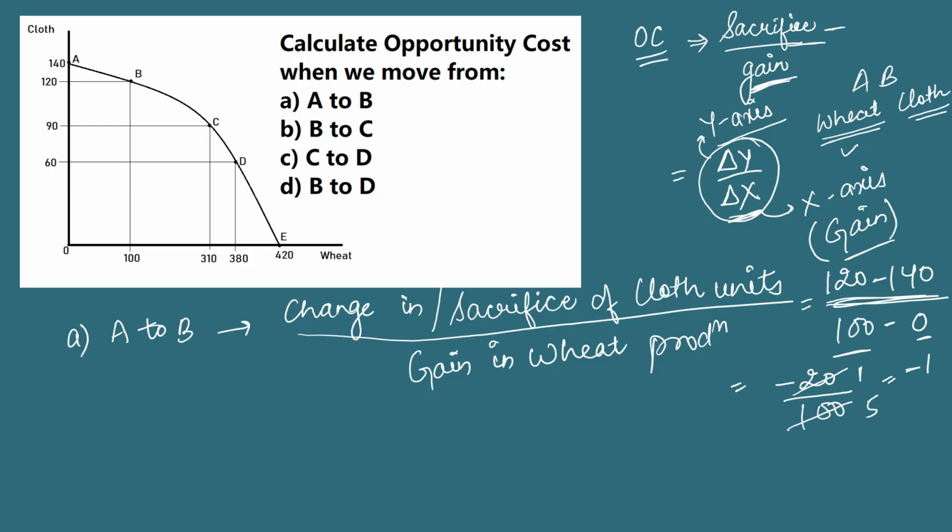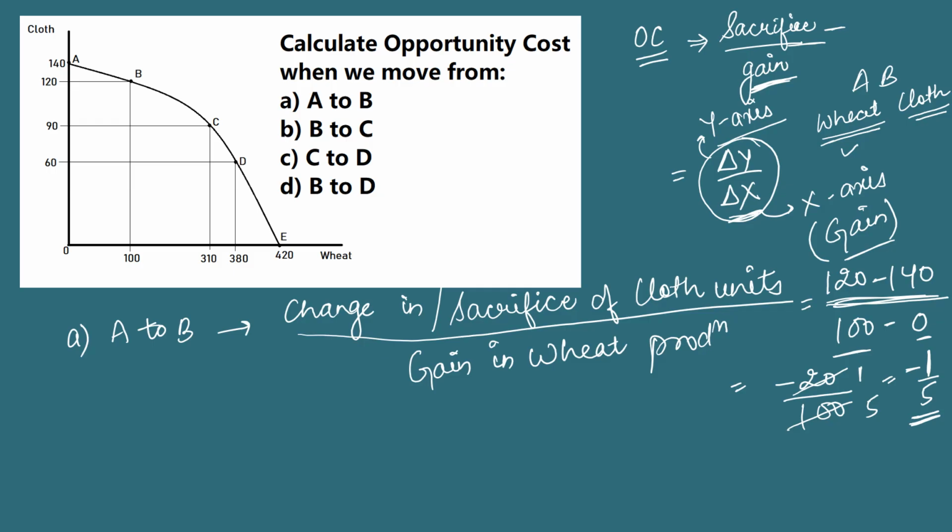So it would be minus 1 by 5, which means to increase wheat production by 5 units, the producer has to give up 1 unit of cloth. So this would be our opportunity cost when we move from point A to B. It would be minus 0.2 or minus 1/5.